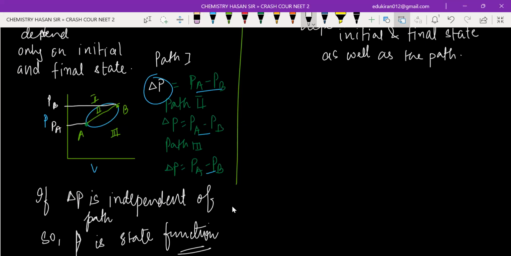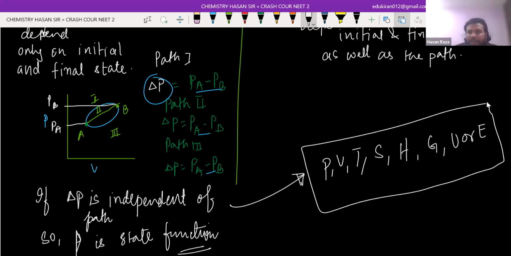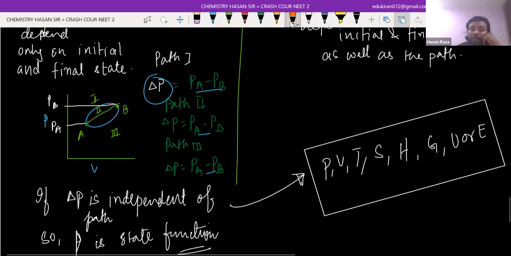If we take examples, we can take pressure, volume, temperature, and entropy. Entropy is denoted by S. H is enthalpy, and delta G is Gibbs free energy. And you can consider delta U or E, which is internal energy. All these are state functions that do not depend upon path, only on initial and final state.